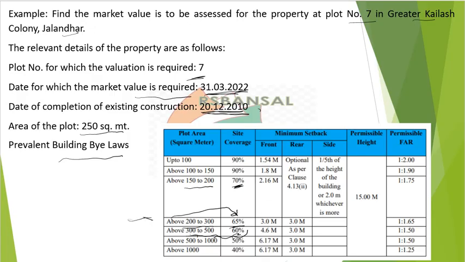Our plot, which is 250 square meter, falls in the first range, so we can have 65% coverage, and the plot which was sold, which is 320 square meter, can have 60% coverage. So we have the advantage of 5% more coverage.